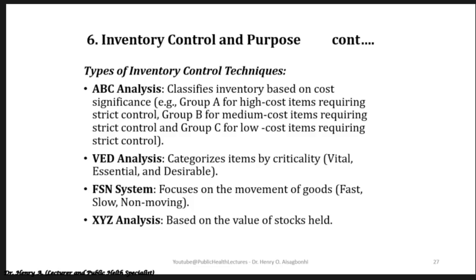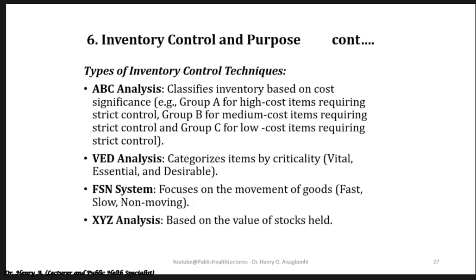Number one, ABC analysis. This kind of method is based on cost. For the A items, for example, the MRI spare parts, they are high value and strictly controlled.